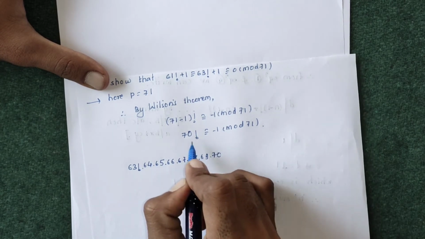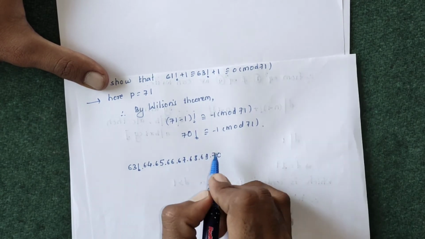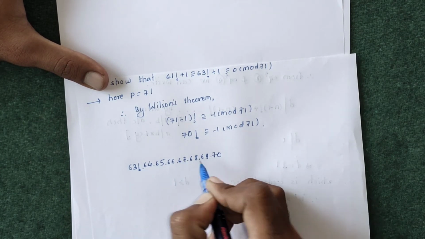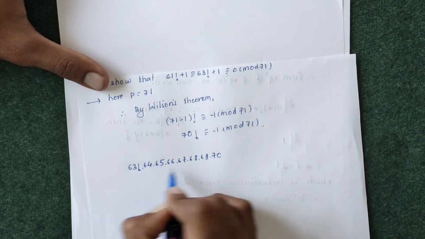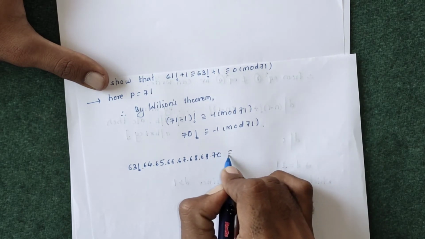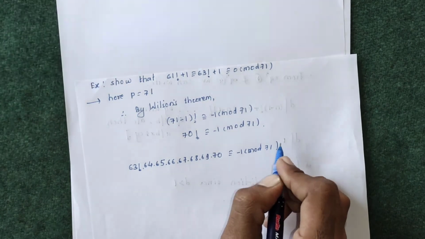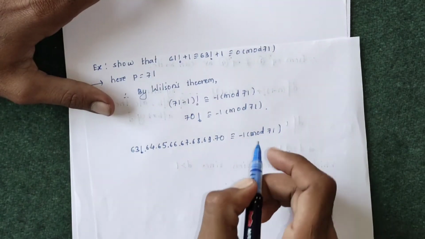This multiplication is 70 factorial, which is congruent to minus 1 mod 71.